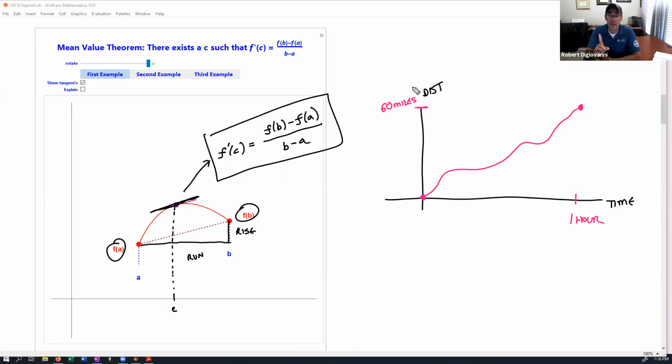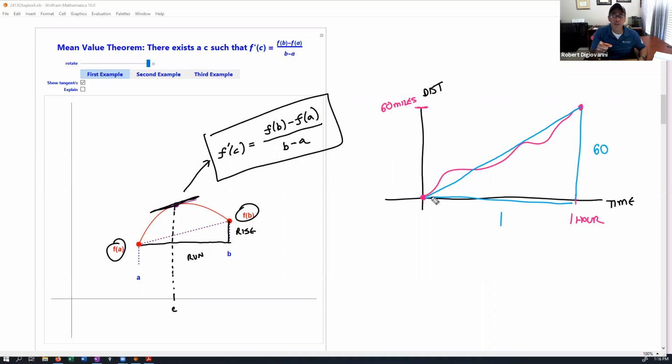Your average speed is going to be the slope of the line connecting those 2 points together, because your rise is 60 and your run was 1. So the slope of the line connecting the 2 endpoints is your average speed, right? Which is what you told me, 60 miles per hour.